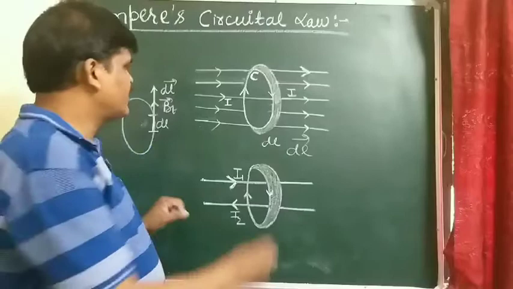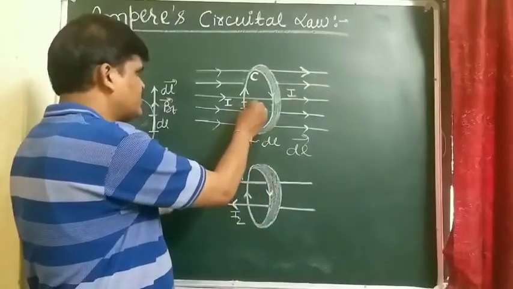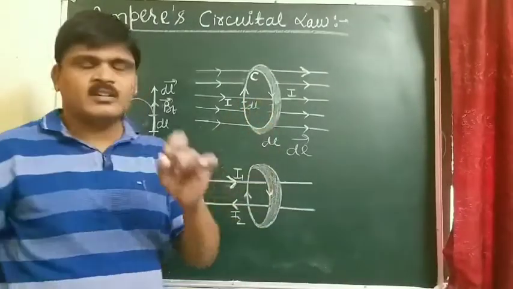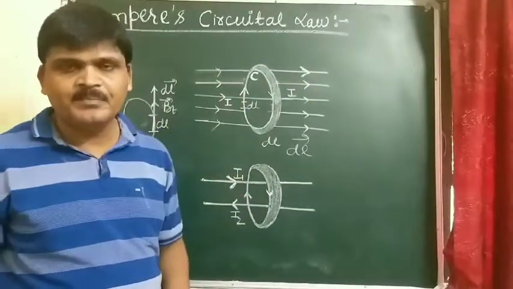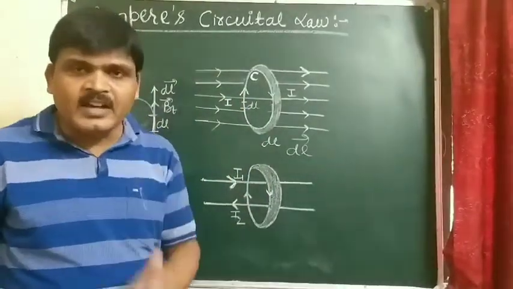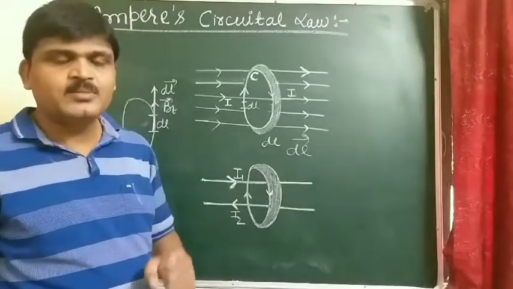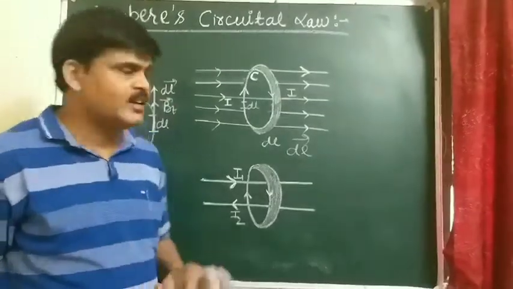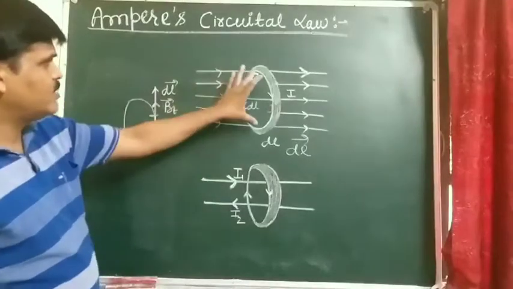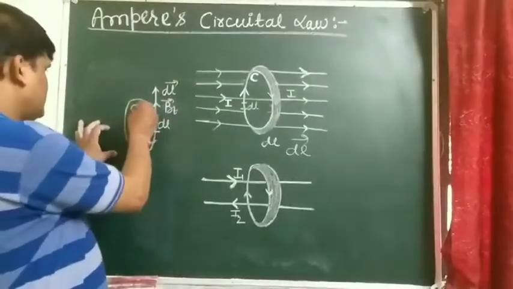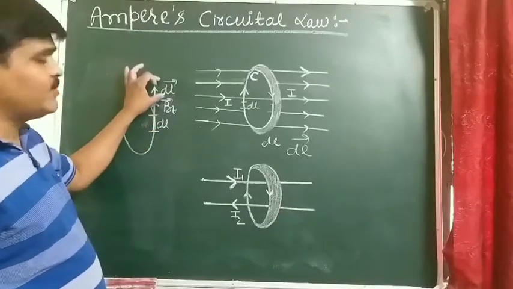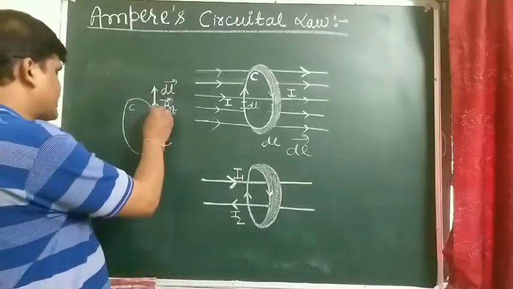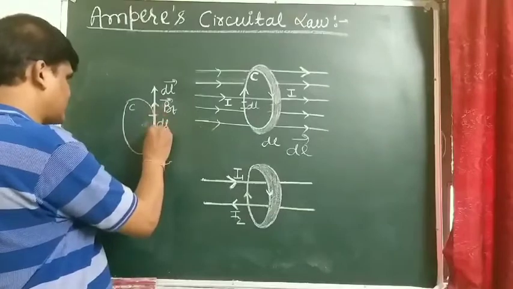The length of each line element is dl. The direction of dl is taken to be the dl vector, which is shown here. The dl vector acts tangential to this element.